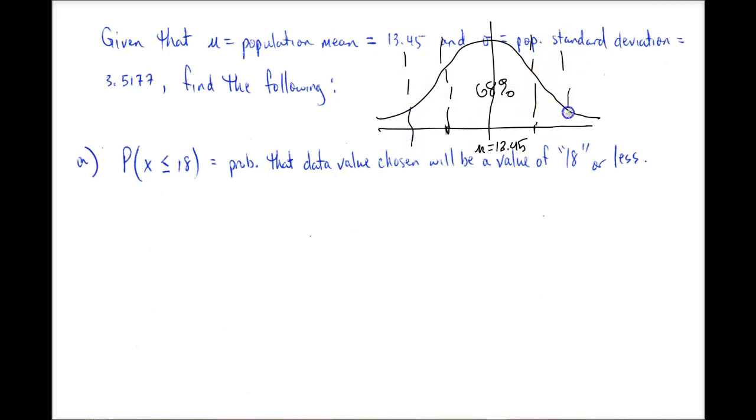Within the second standard deviation, about 95% of our data is in there. And within 3 standard deviations, about 99.7% of all our data is in there.